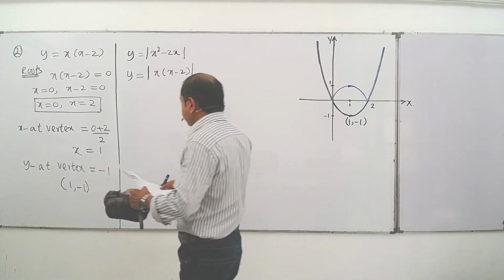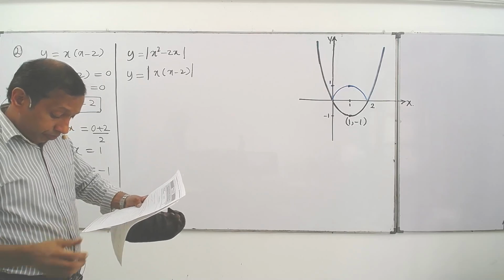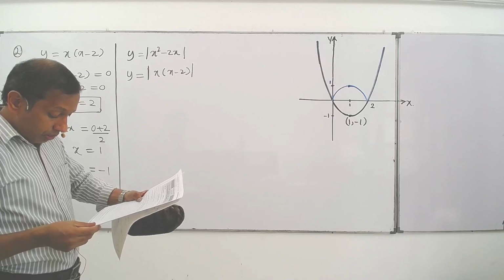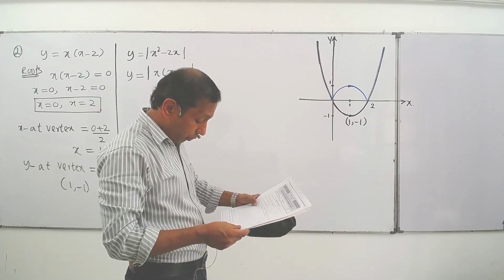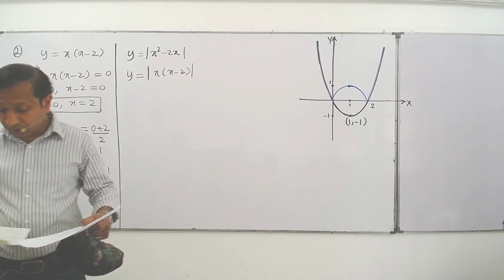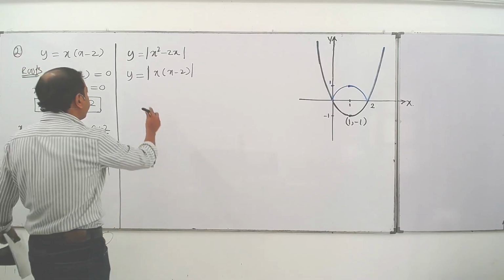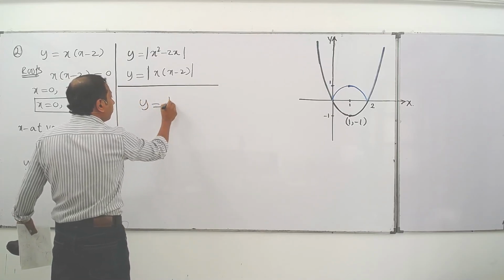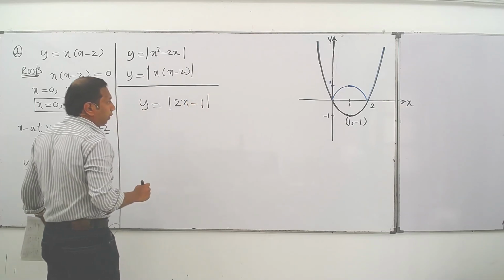Correct, no? Now the next one, asking to draw on the same diagram the graph of y equals |2x minus 1|. Mod 2x minus 1. Right.